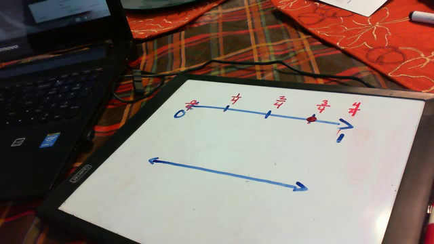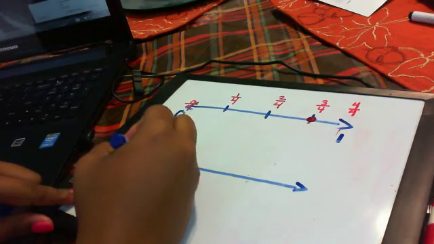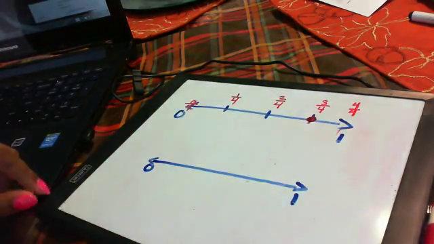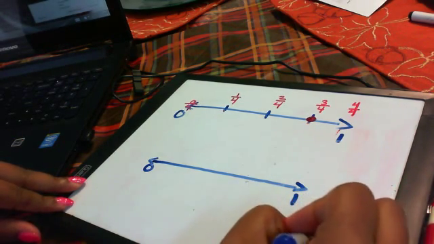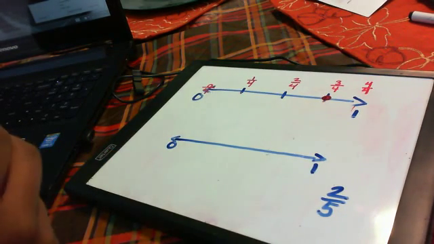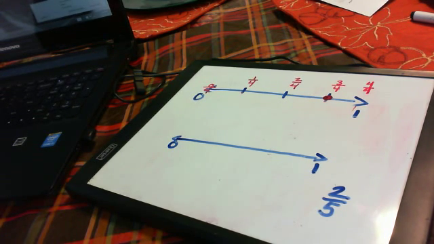But for right now, we're focusing on this particular section of our number line. So I'm going to start with 0, and I'm going to put 1 here. But now I want us to graph the point 2/5. So, how many small sections would I need on this number line?